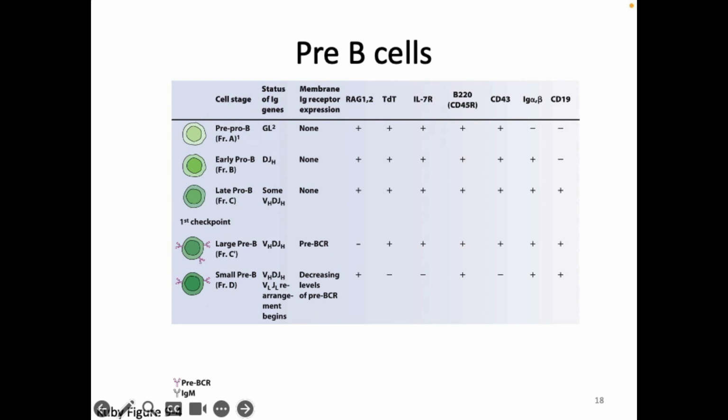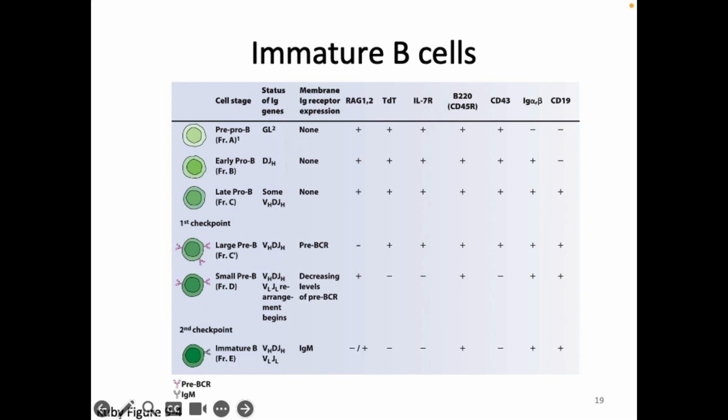And now the thing on the surface is the B cell receptor. Actual B cell receptor. Actual heavy chain plus actual light chain. Now that there's something different on the surface of the cell, it doesn't get called a pre-B cell anymore. It gets a new name. And the new name for this cell is an immature B cell.